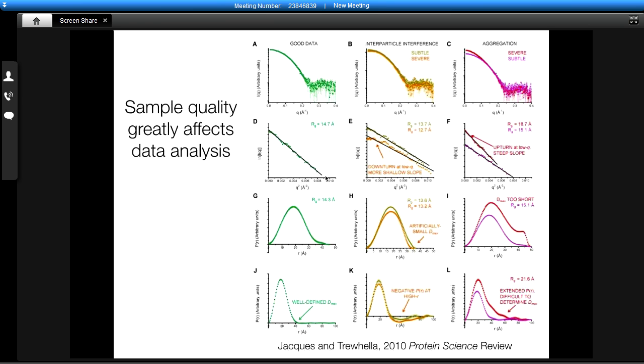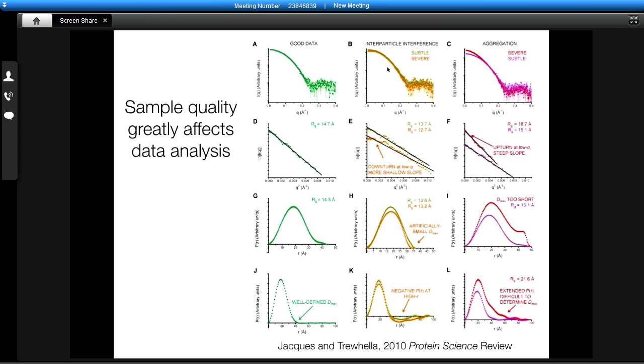You notice we've got a nice linear Guinier region. Our Rg is 14.7. When we look at our P of R curve, it decays nicely to 0 without any forced decays. And so we get an Rg of 14.3 that agrees pretty well with our Guinier Rg. And additionally, when we look at a large Dmax, we get a pretty well-defined actual Dmax of about, say, 45 angstroms there.